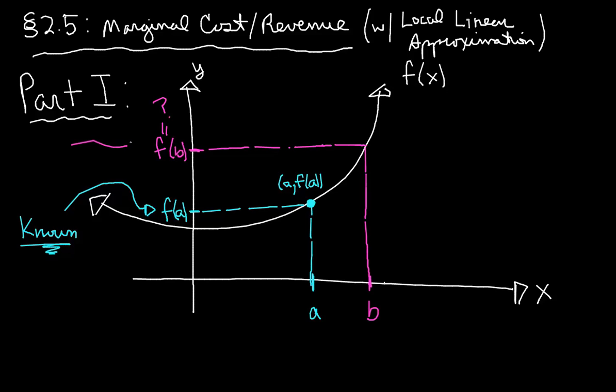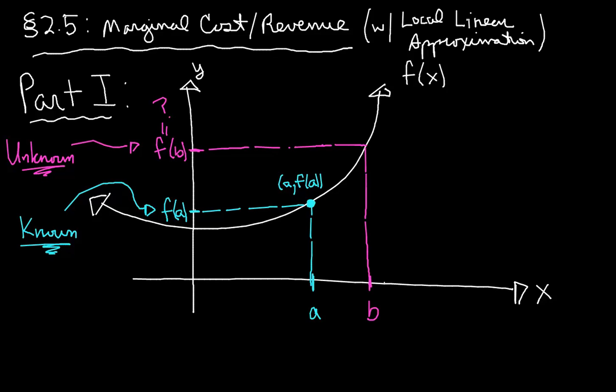It's unknown. Again, the question is, if we know a value of the function at a single point, can we know another one? And the answer is yes, as long as you know the derivative at this point x equals a.